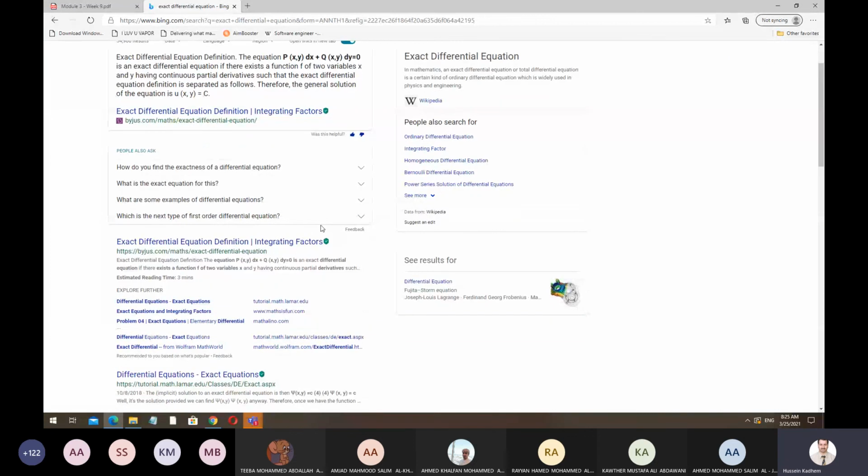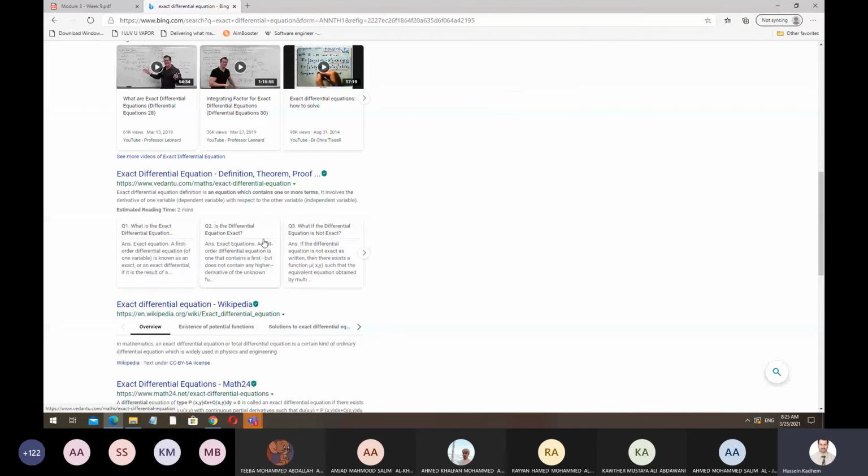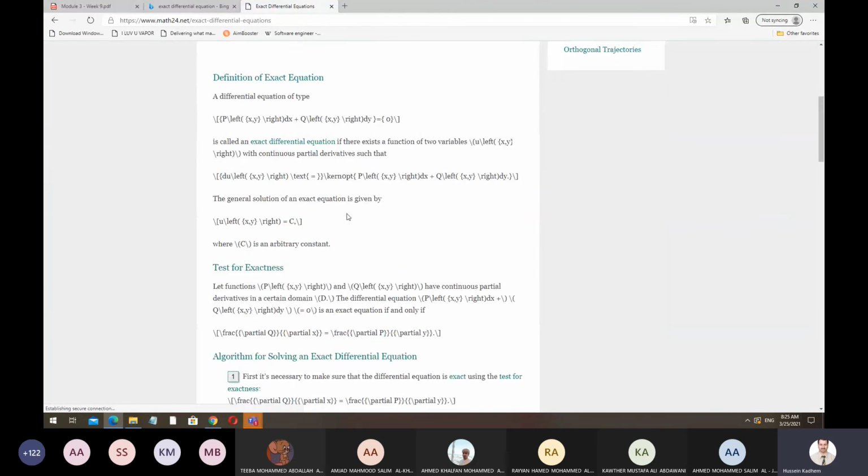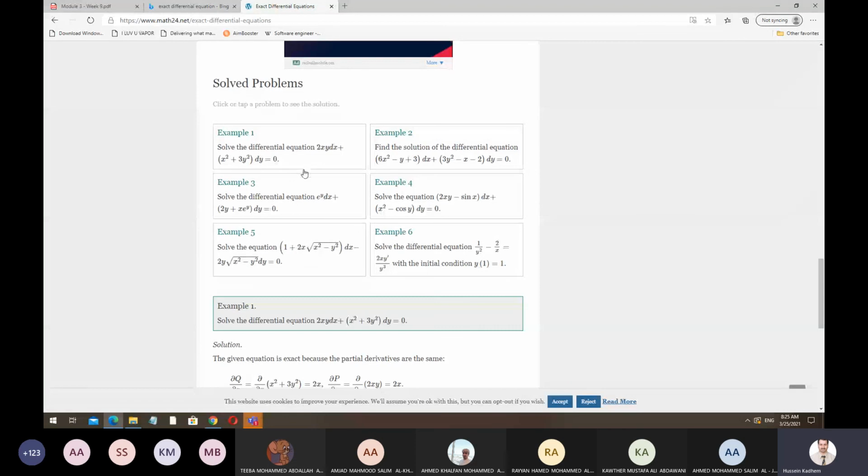I will pick an example from the internet. Differential equation, differential. Oh, this one. Exact. Okay, let me see this one. There is an example. Yeah. Okay.